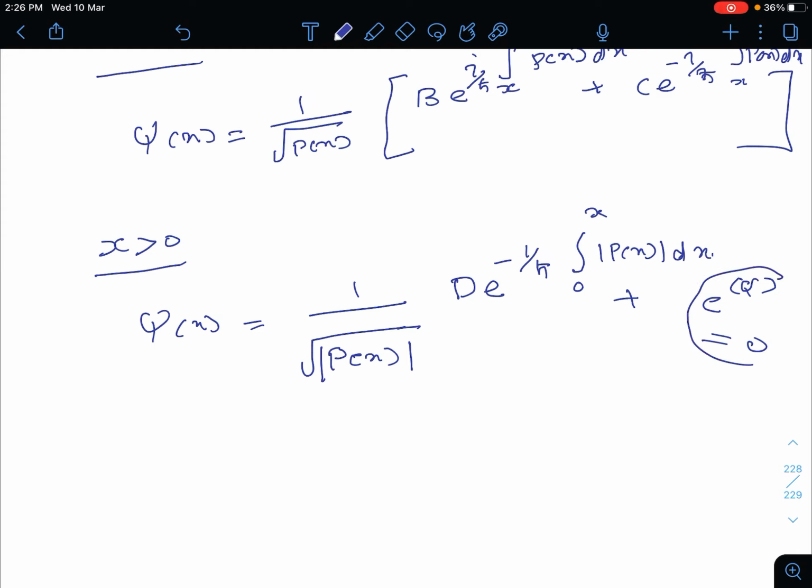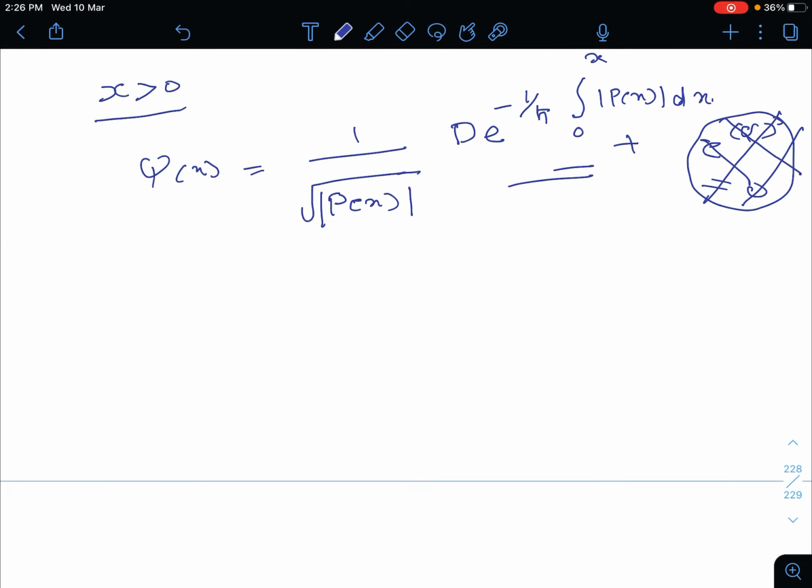So to make this wave function 0 at infinity, you should have only e raised to minus something. That's why you will not have a positive exponential term on the right hand side.